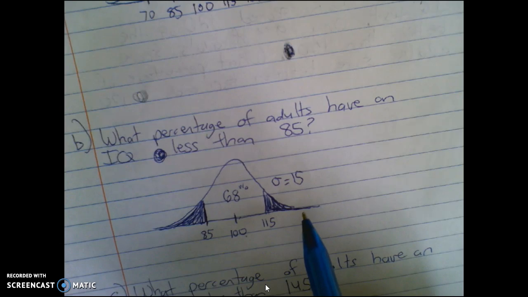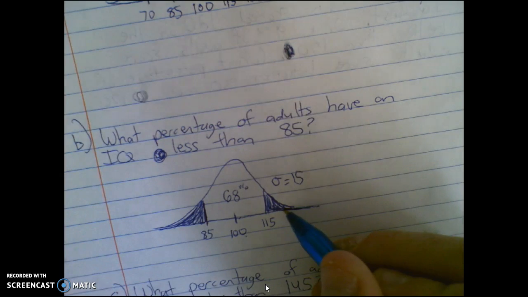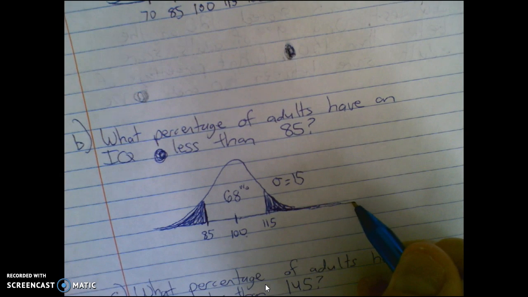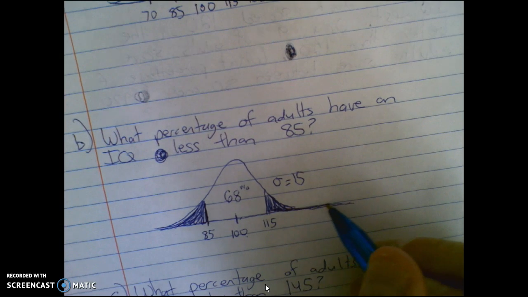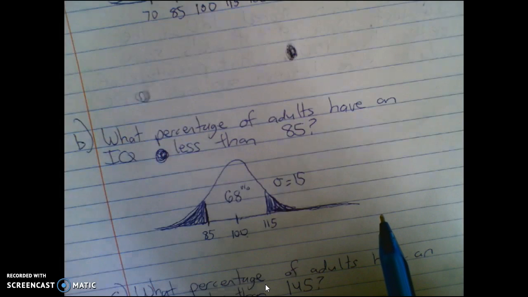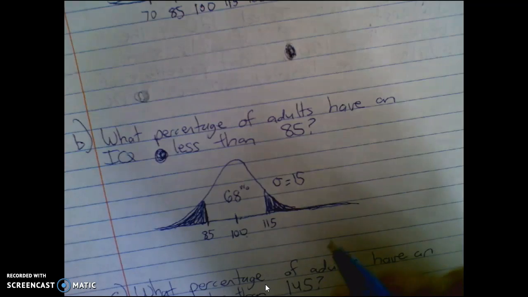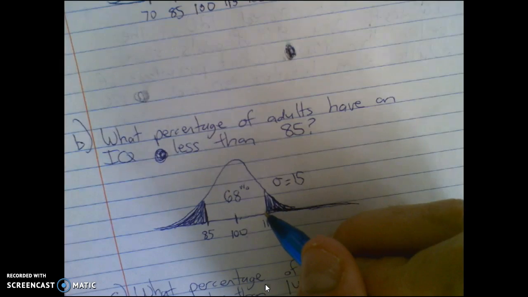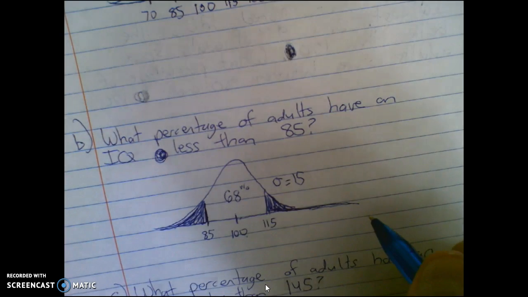Everybody has an IQ score. Even way out here, and another thing to remember, 3 is not the maximum standard deviation, very close, but there are people that have IQ scores more than 3 standard deviations above the mean. But 100% is going to lie under the curve.